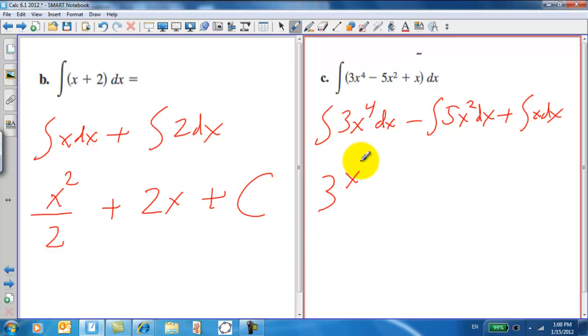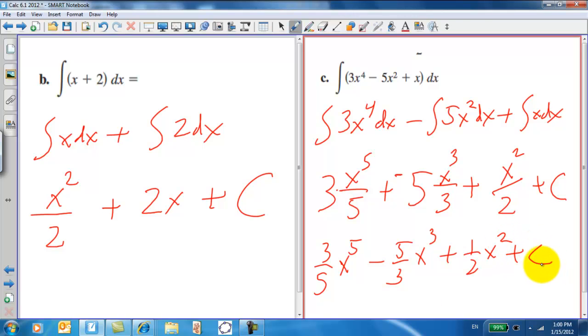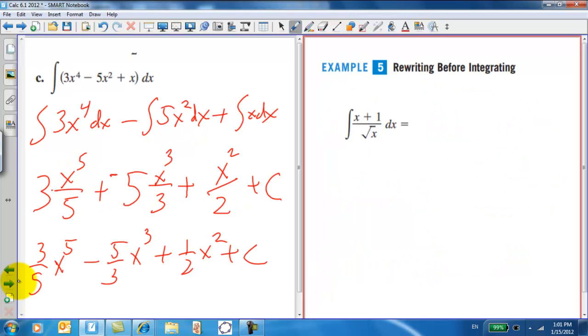This is x to the 5th over 5, plus the opposite of, bring along the 5, x to the 3rd over 3, plus crank up the power of x to the first by 1, x to the 2nd over 2, plus your constant of integration. 3/5 x to the 5th minus 5/3 x to the 3rd plus 1/2 x squared plus c. And there's no point adding all these, or trying to combine them in one fraction. That's fine. Keep them separate.